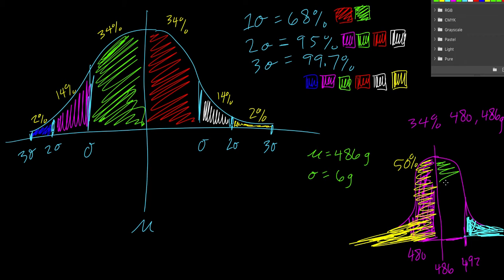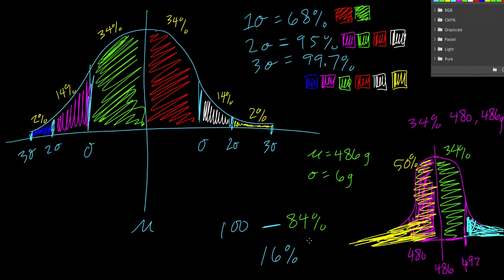Then if we take just this piece, that's going to represent 34%. And so if we add those together, that's 84%. Now, we want the blue area, so we're going to take 100 minus 84, and so that's going to give us 16%. So 16% of the cans are more than 492 grams. Okay?